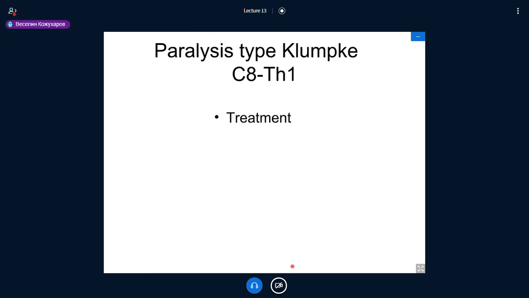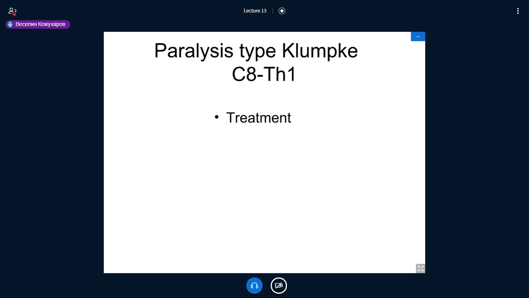Paralysis of Klumpke is very difficult to treat, but the treatment is the same. Conservative treatment for the period of 40 to 60 days after the birth by immobilization. And after that, neurophysiological examination to classify the spread of involvement.